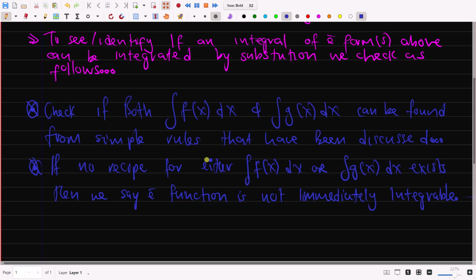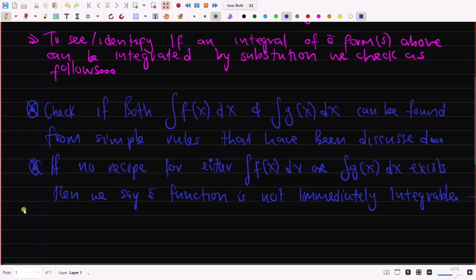As long as you can see that among those two functions, there is one which is not at a state of immediate integratability, then we know for sure that substitution has to be applied.